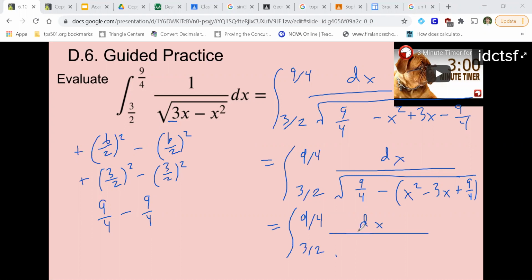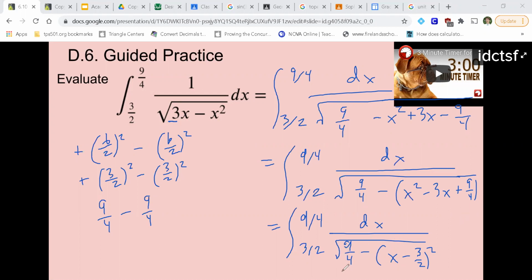So we get 9/4 minus x minus 3/2 squared. If you multiply this out, you could check your answer: -3/2 times -3/2 is positive 9/4, and -3/2 times 2 is -3.